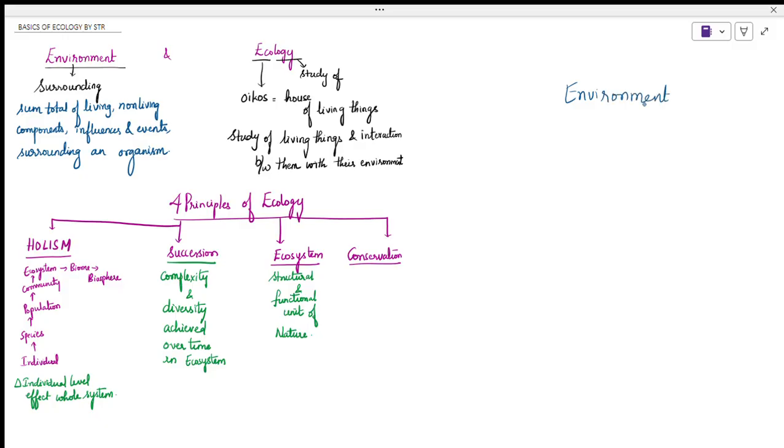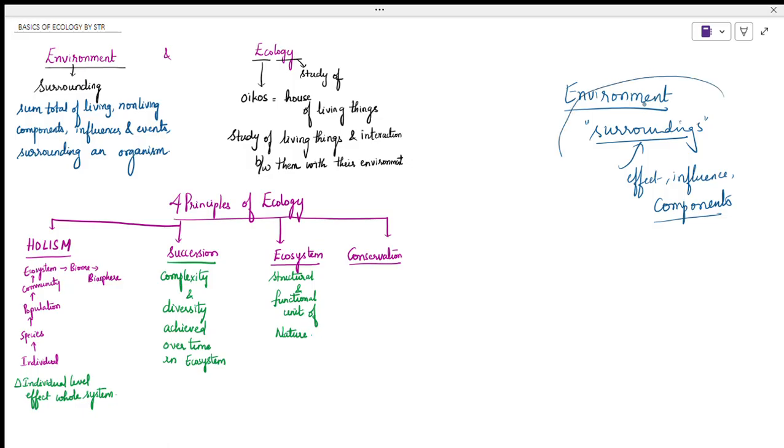So environment is nothing but something which is surrounding us. Environment is nothing but surroundings which are affecting us or influencing us, and also there may be some components in our surroundings.